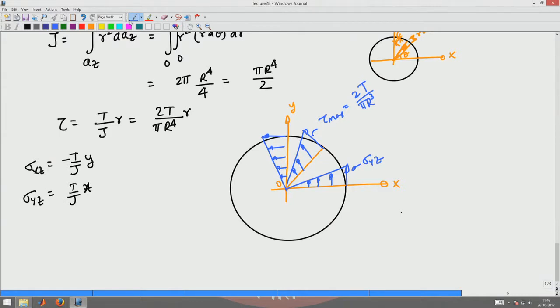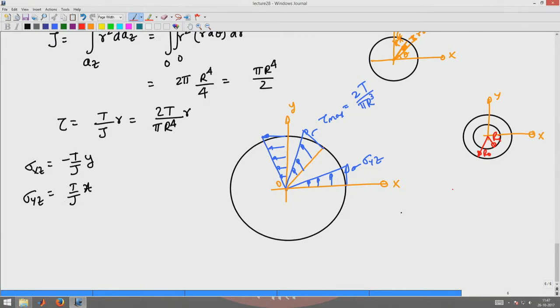For an annular cylinder cross section as shown here, say this is x, y, and the dimensions of the cross section are Ri, the inner surface radius, and R0, the outer surface radius.